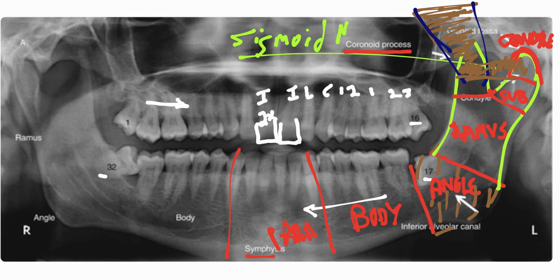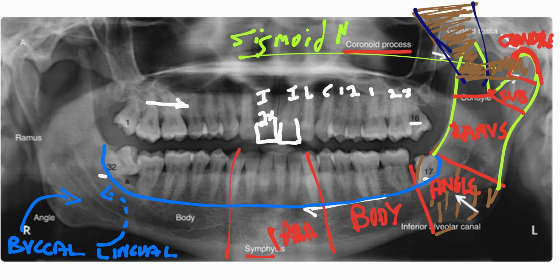A couple of other things that are important. The outside portion of the mandible is the buccal portion, and the inside portion is the lingual portion. Also, this portion of the mandible in which the teeth insert is the alveolar ridge.